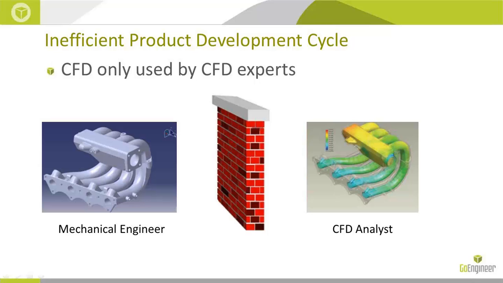The problem with this is that there's a delay. The mechanical engineer designs something, it goes off for analysis. Maybe the results come back, maybe they don't, maybe the design's finalized already. Either way, you're not able to explore all the different possibilities that you would if everything was handled on one side of the house.